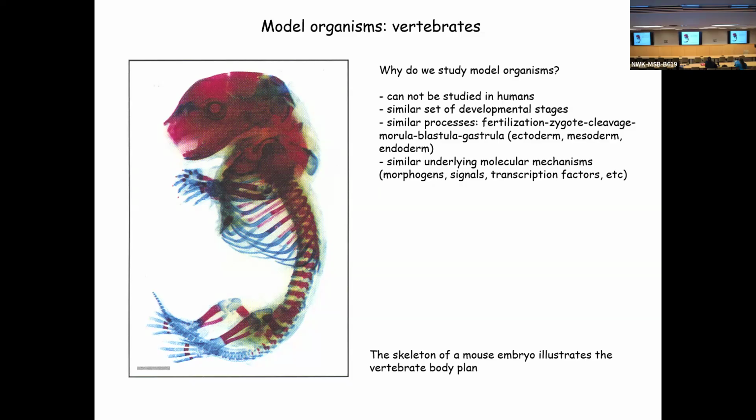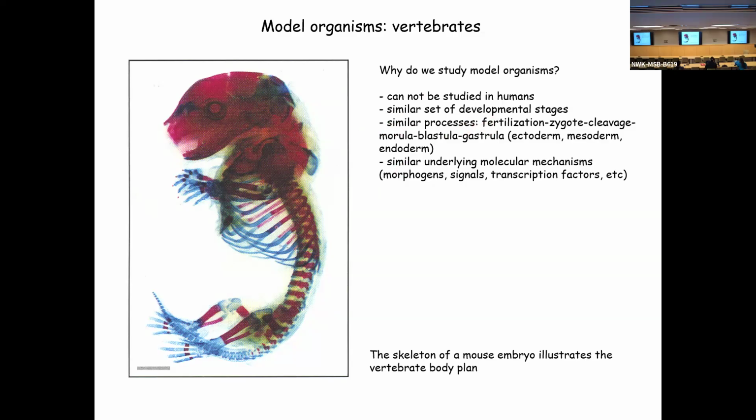So why do we study model organisms? They cannot be studied in humans. They have a similar set of developmental stages. For example, if you look at a mouse embryo, we have certain structures that are very similar to the human embryo. Okay, so it makes sense to study a mouse embryo. They share similar processes.